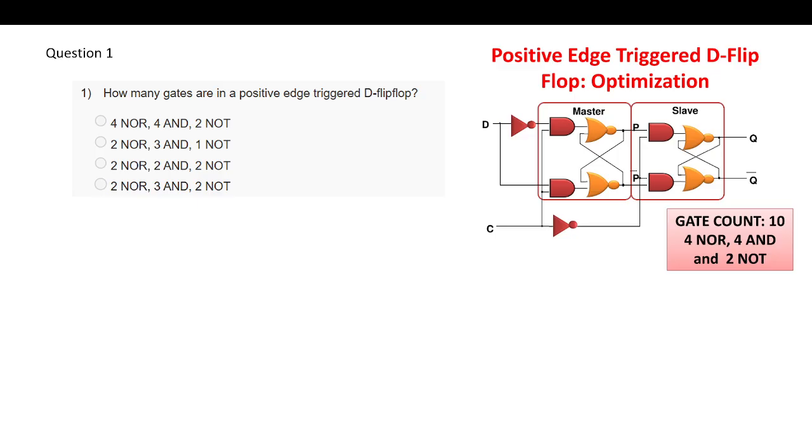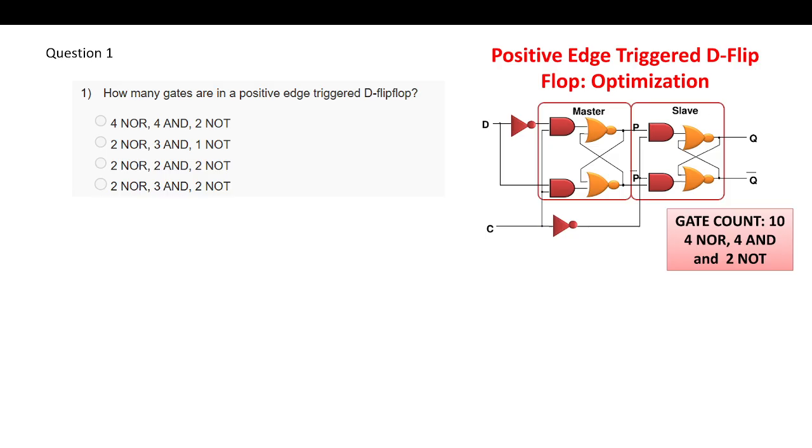So I think this will go for the previous year assignment questions. How many gates are in the positive edge triggered D flip flop? So it's the positive edge D flip flop, master slave combination.